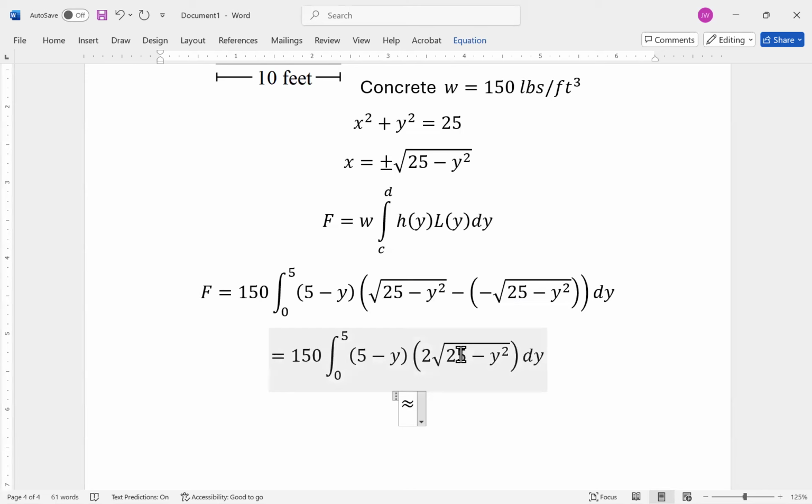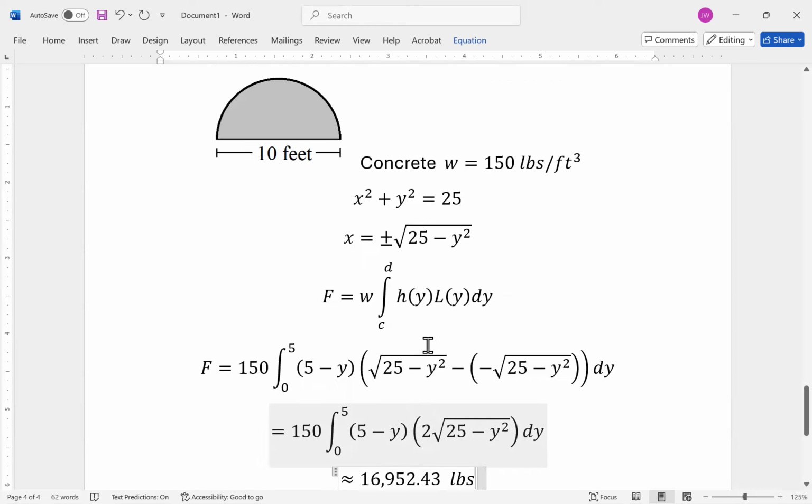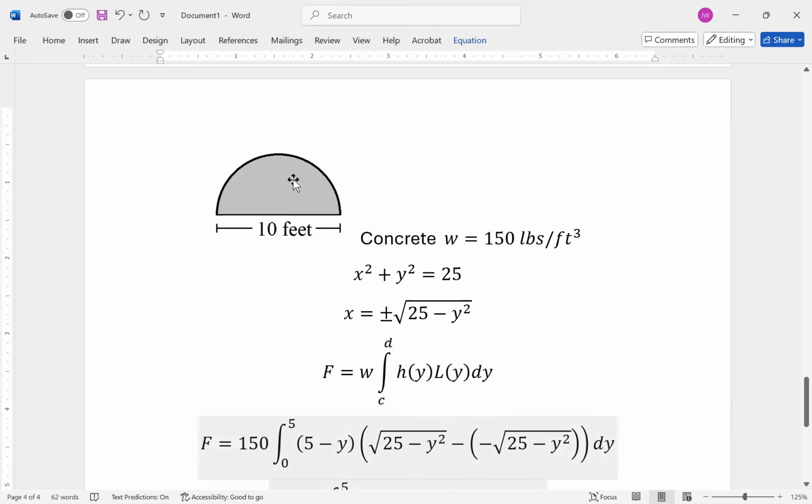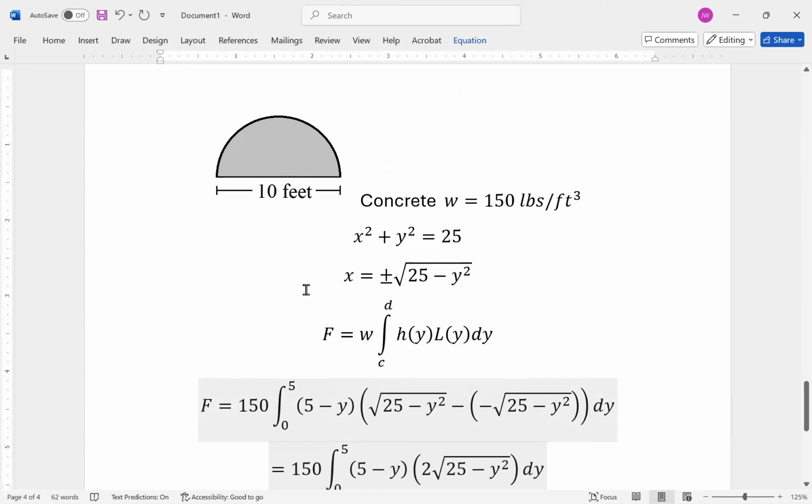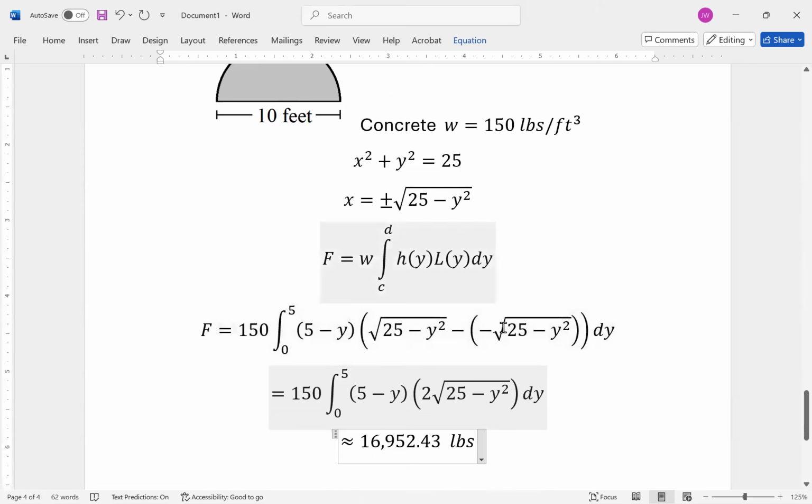I ended up with approximately 16,952.43, and that would be in pounds of fluid force applied or exerted on the side of this tank filled with concrete. So there we go.